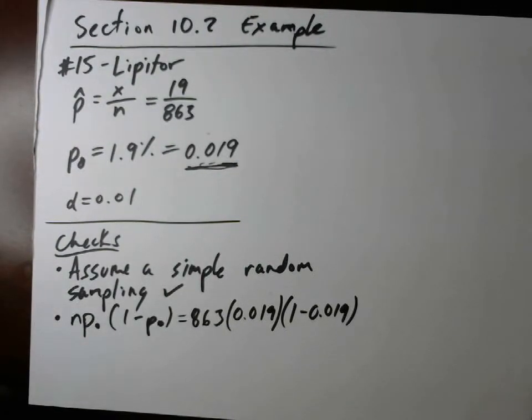I'll do that really quickly. 863 times 0.019 times 1 minus, I'm going to put parentheses around this, 0.019, and I obtain 16.09.